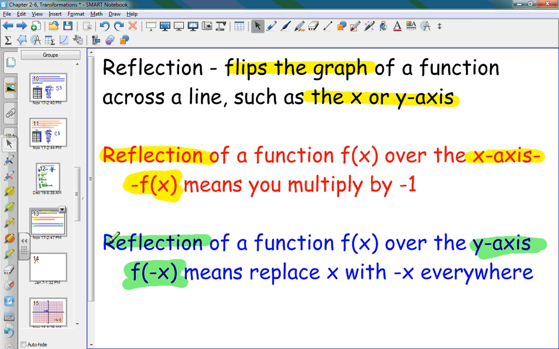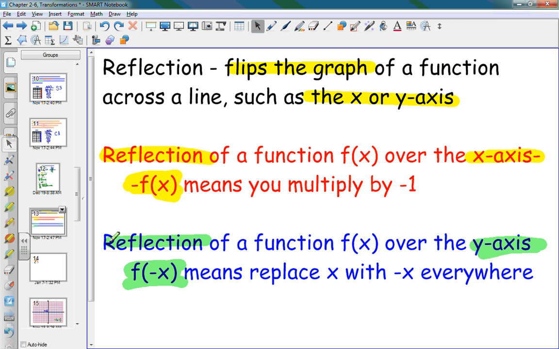If y equals f of x is my parent function, how do I shift that down 1/4 of a unit? I said I want to shift it down. Subtract what? So y equals f of x minus 1/4.